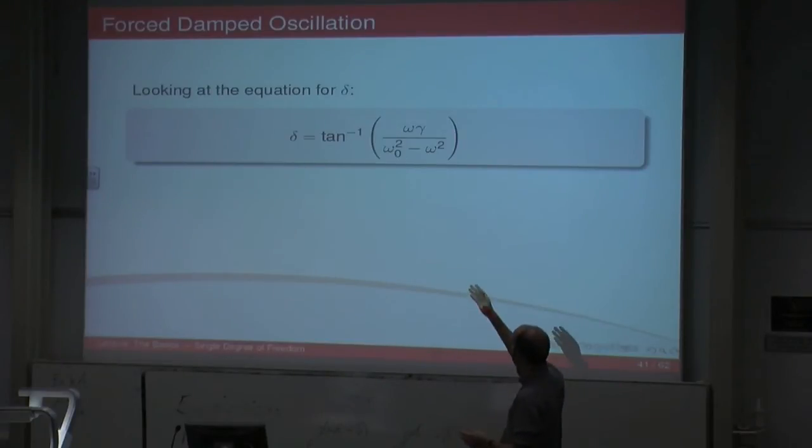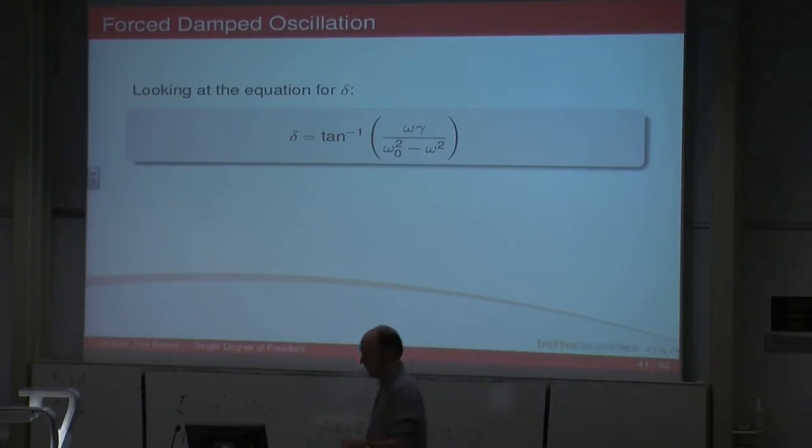And so we end up with inverse tangent of 0, and inverse tangent of 0 is 0. And that makes sense to us intuitively. If my frequency is so slow, the thing's not going to have any trouble keeping up with my movements, is it? There's going to be no lag between me applying a force and it moving. No lag at all. So delta is going to be 0 in that case.